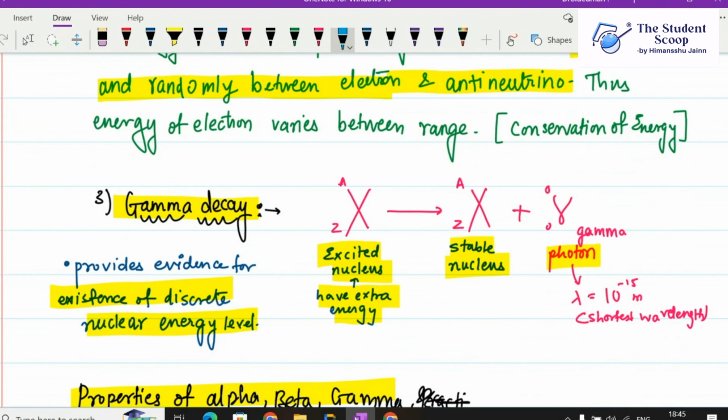Like that, we can get a spectrum, but of the nucleus, not of the electron. Inside the nucleus, what story is happening, we can get that information from the gamma photons if we detect them. So this provides us evidence that inside the nucleus also there are multiple energy levels. Is that clear?